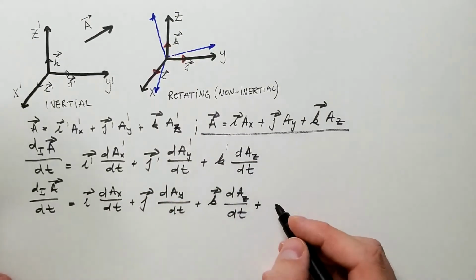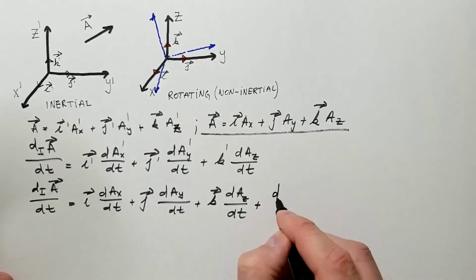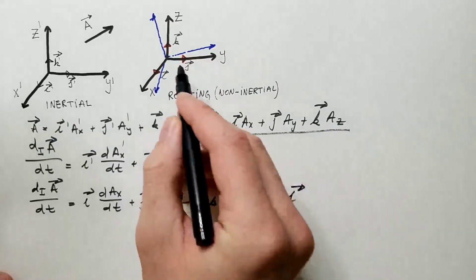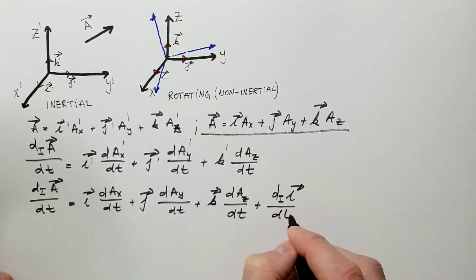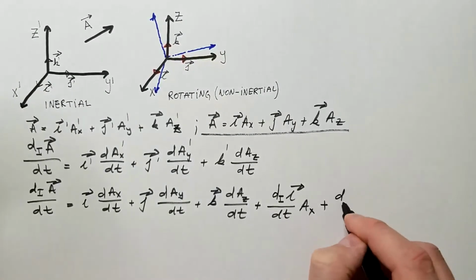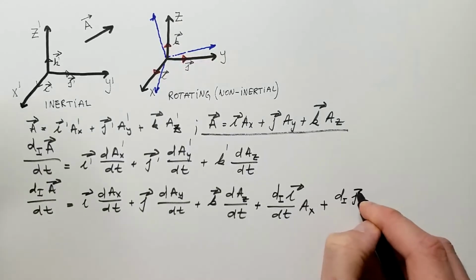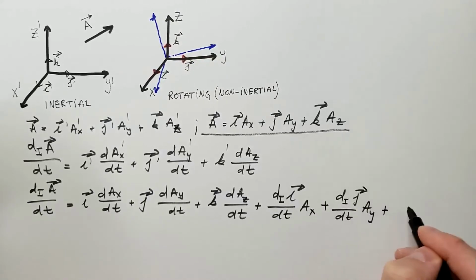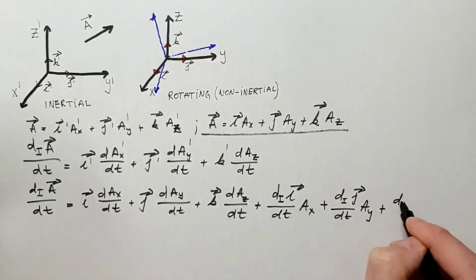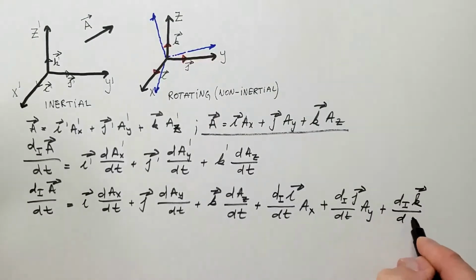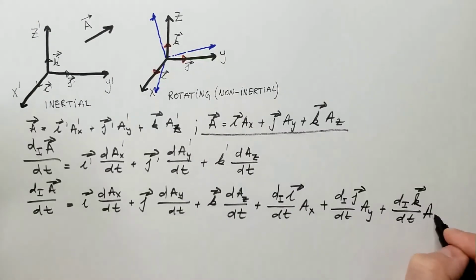So we have to take that into account and we get the total differentiation in the inertial frame of reference of vector I times the component AX plus di of j dt times AY, plus d in the inertial frame of reference of unit vector k dt times AZ.